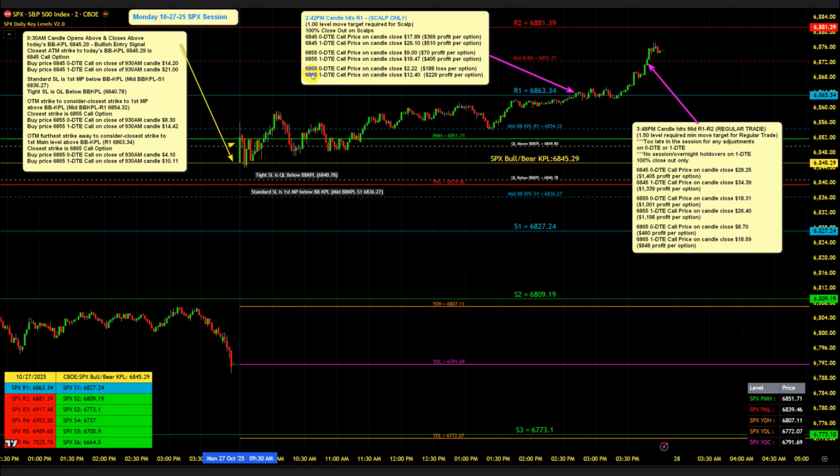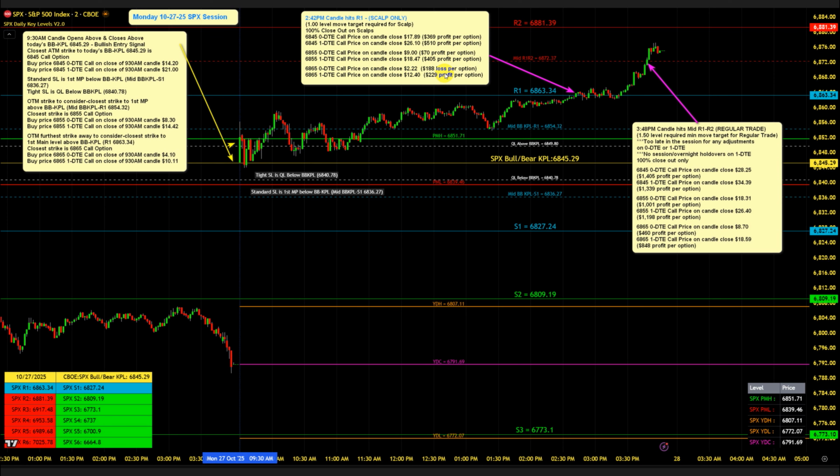Now we have the furthest out of the money, and as you can see here, on the furthest out of the money option, we actually are losing money, even though it hit the R1 scalp level. And that's because if it had hit way back here in the morning part of the session, then you would have a decent profit on this furthest out of the money.